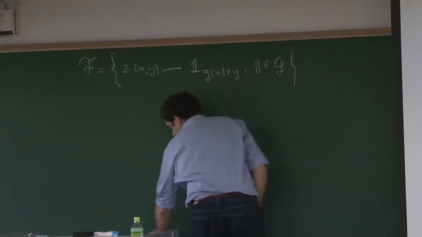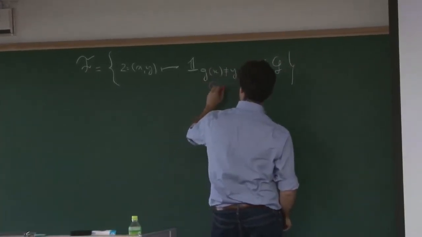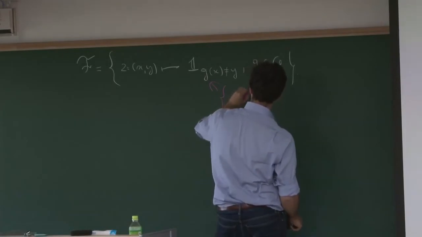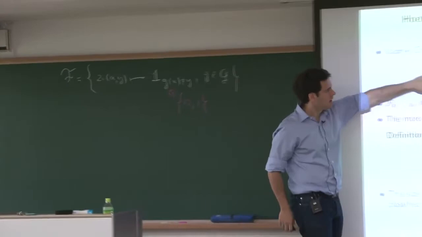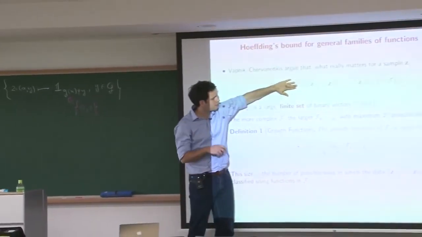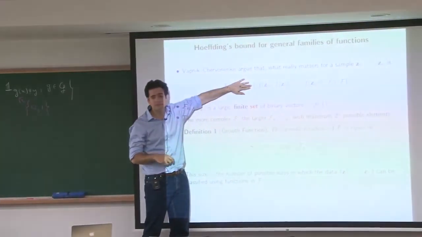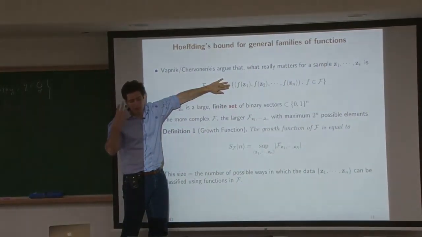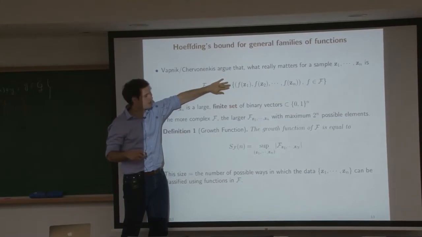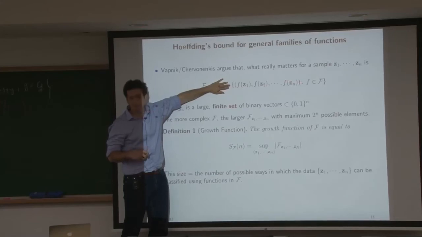So of course this can only be either 0 or 1, right? If you just ignore this for a second, suppose that we have z1 to zn. I take one f in the loss class. Somehow you can think of this as taking a g in the set of functions that you are considering. And now you look at this vector, f(z1), f(z2), up to f(zn). This vector is just a vector of binary numbers, zeros and ones.